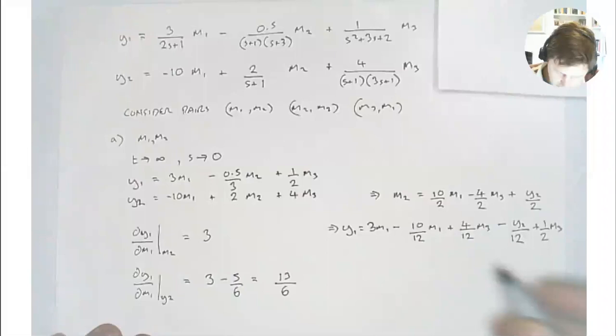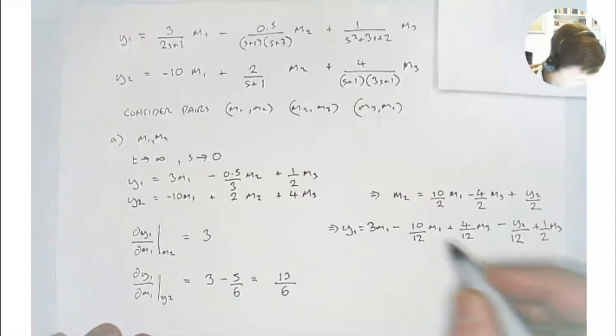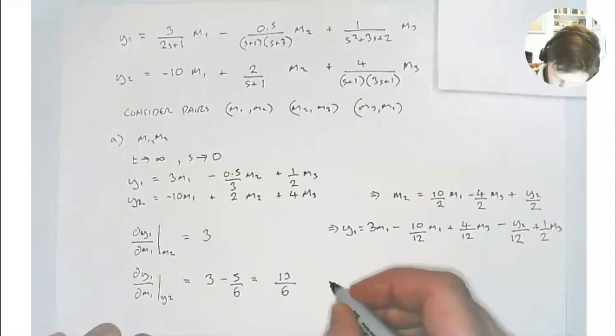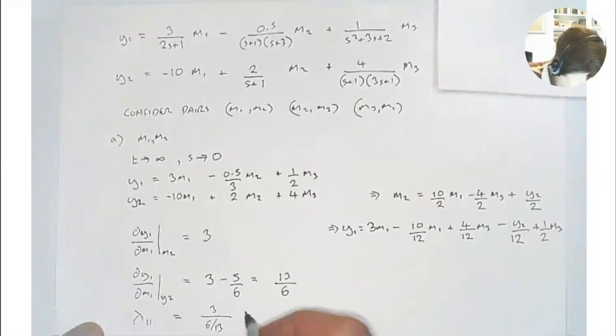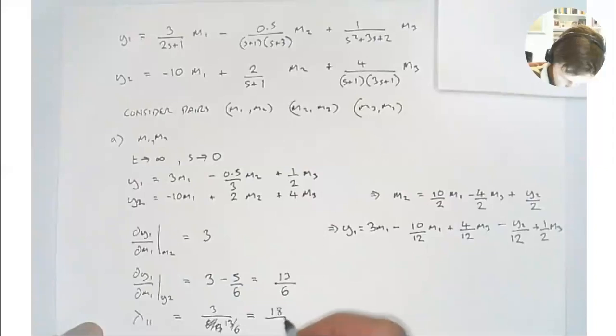Okay, so we've got those two differentials, and that means that we can calculate lambda 1 equals 3 divided by 13 over 6. So that's 18 over 13.